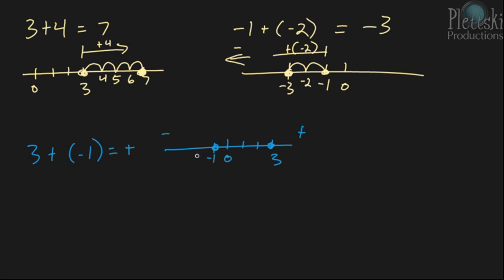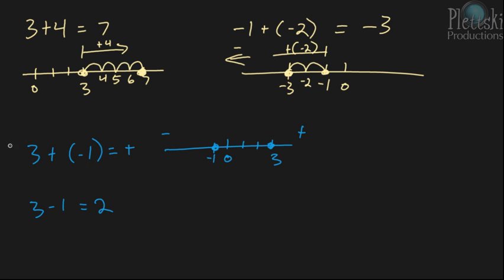So the absolute value, or the distance away from 0, of the integer or the rational number that's largest is going to be the sign of your answer. And then you're going to take the difference of those absolute values. So you're really going to take the difference of 3 and 1. So 3 minus 1, that's the difference. 3 minus 1 is 2.